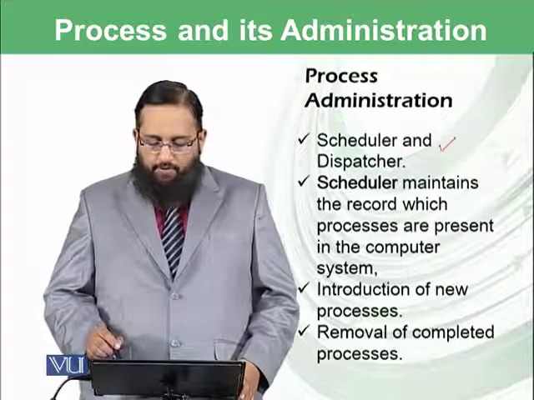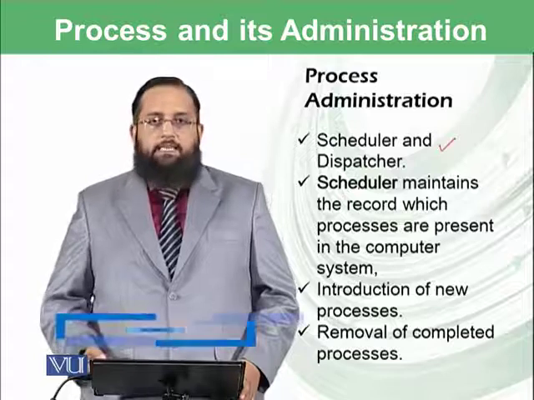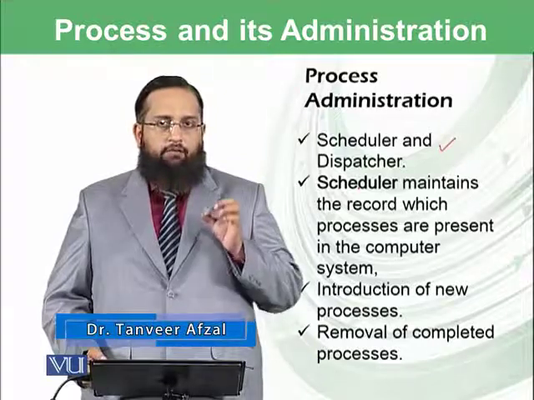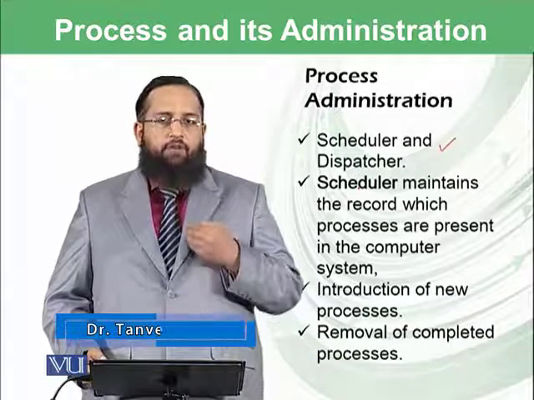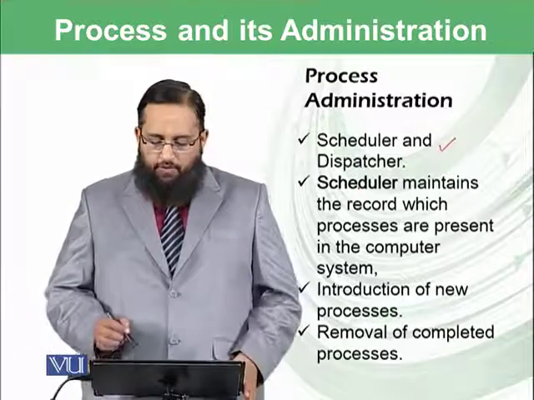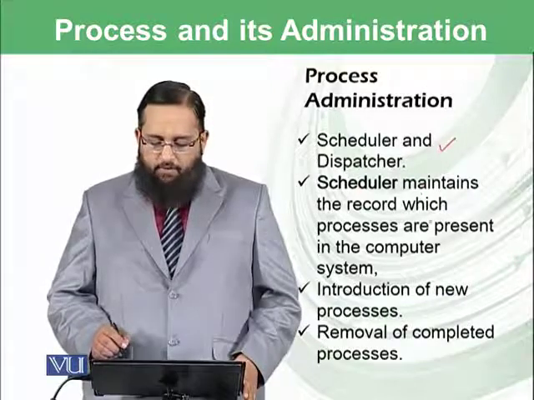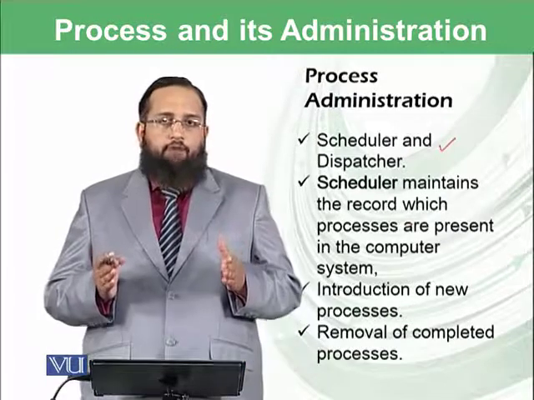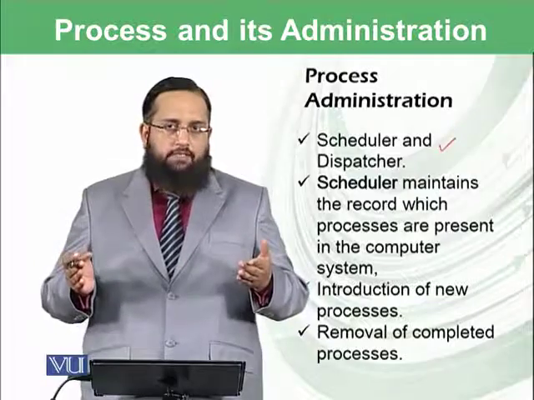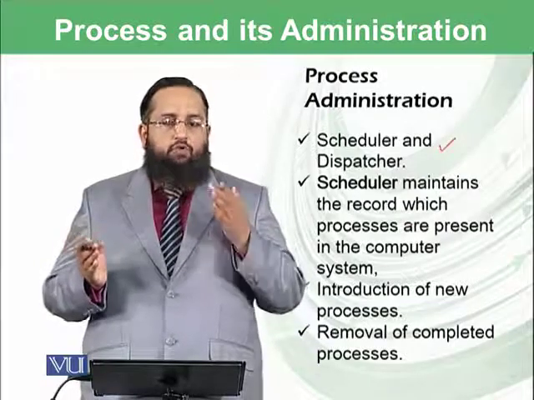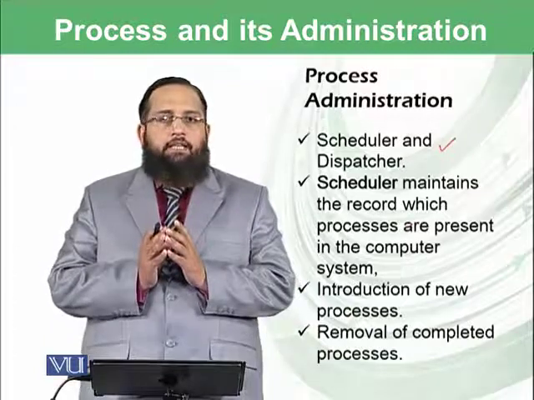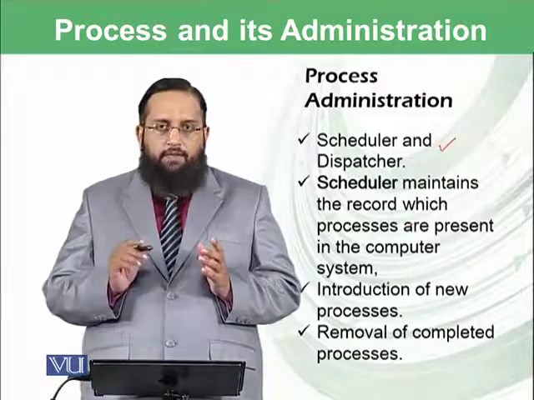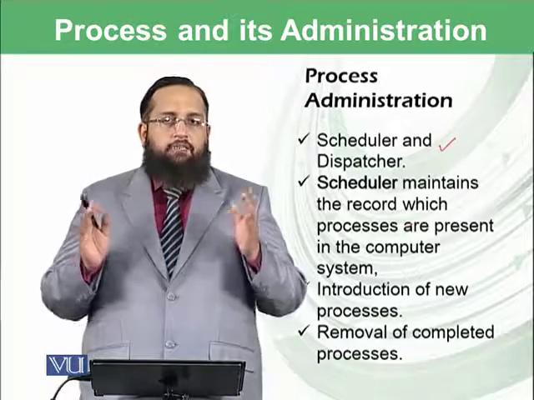In one of the previous modules, we discussed that these are very important components and functionalities of the operating system, which we are going to discuss now. The scheduler maintains the record of which processes are present in the computer system. For example, if you have launched 5 applications or 5 processes, those 5 processes are available within the computer system, and the scheduler maintains the record that these 5 are available.